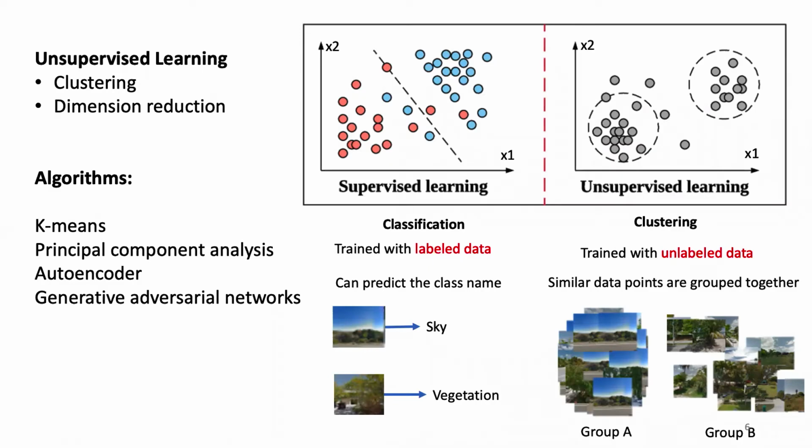But the algorithm cannot tell you what the group means. It just finds similarity. So this is the difference between supervised and unsupervised learning. For algorithms, you have k-means, PCA, autoencoders, and GAN models, which are generative adversarial networks.